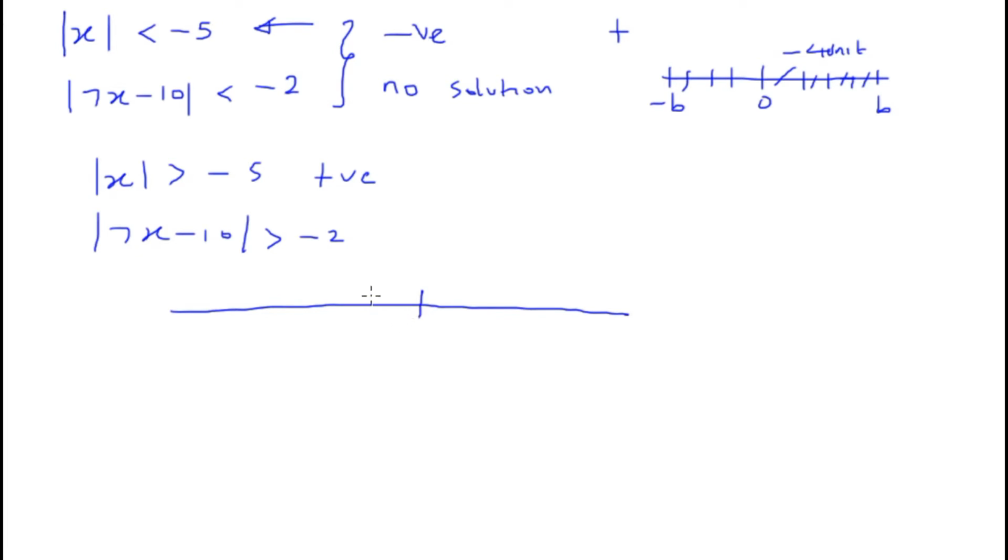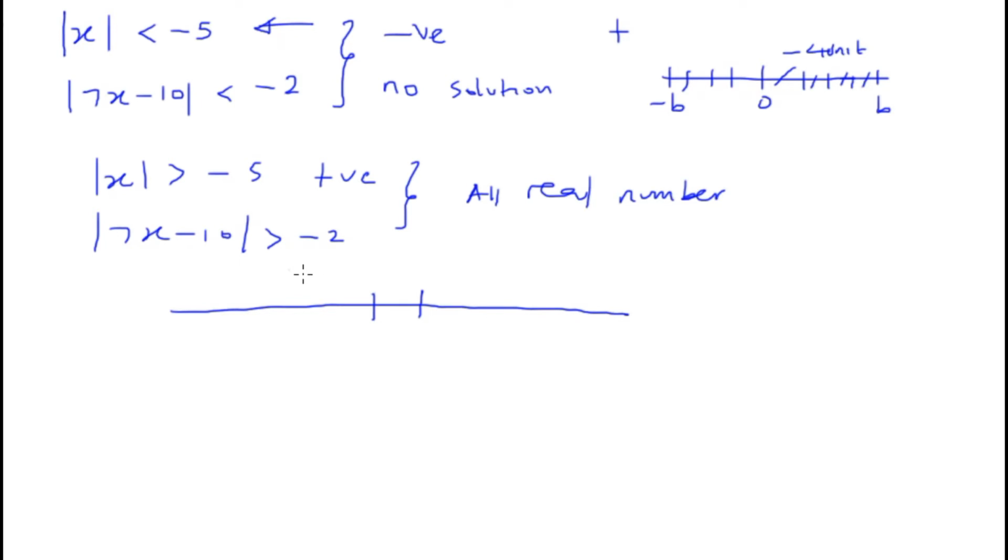So whenever you have something of this nature, the answer is all real numbers. Real numbers are numbers that can be found on a real number line. So all the numbers on the number line have absolute value greater than minus 5, and greater than minus 2, because greater than minus 2 actually means positive.